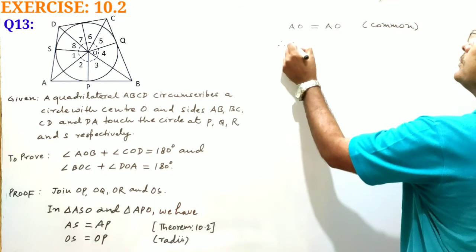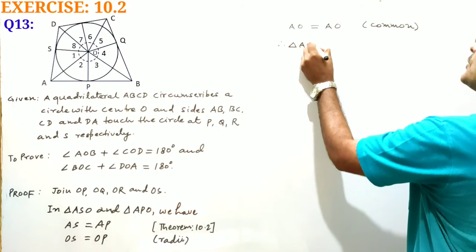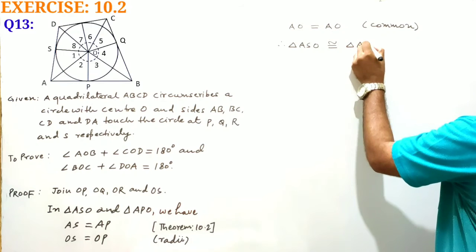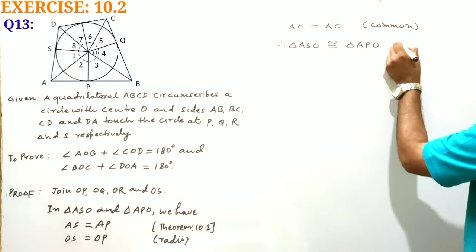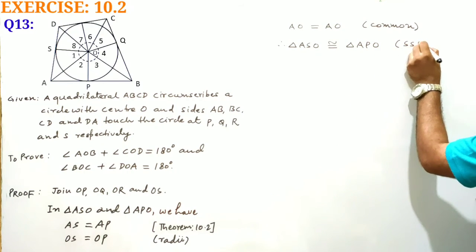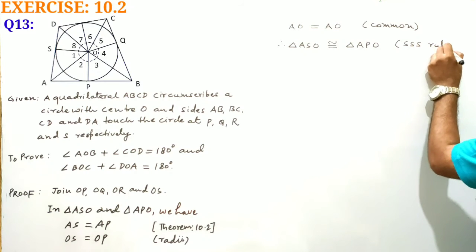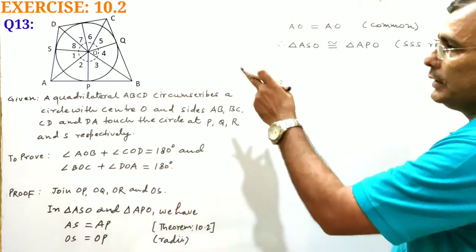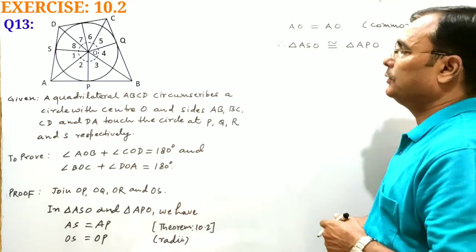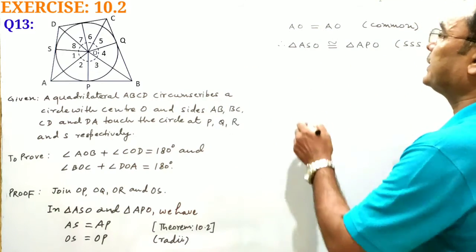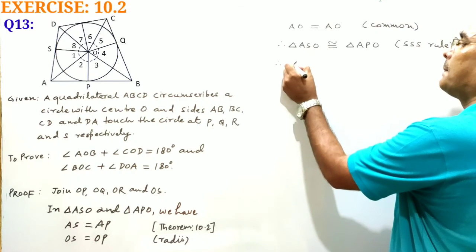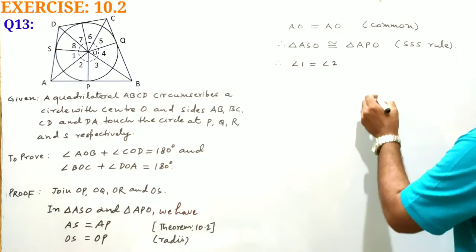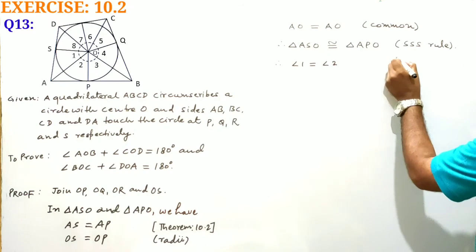Therefore, triangle ASO is congruent to triangle APO by side congruence rule. So this way triangle ASO and triangle APO we have proved congruent, and therefore angle 1 is equal to angle 2 by CPCT.